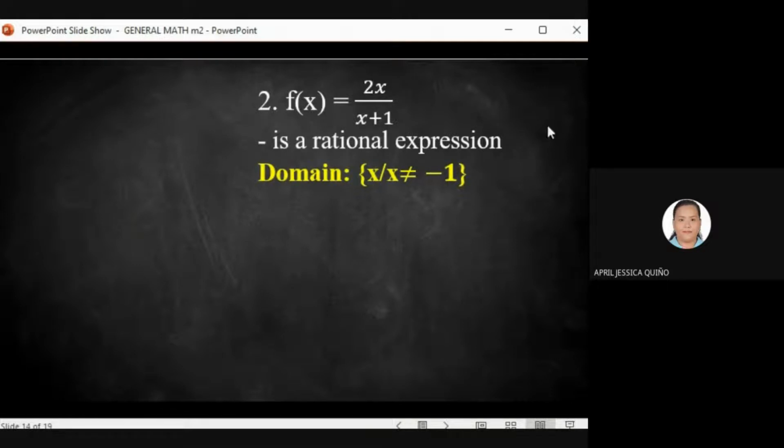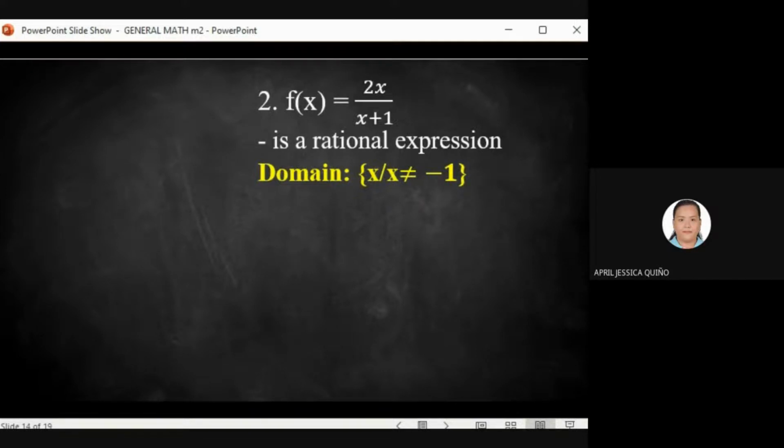Kasi kapag ginamit nyo yung negative 1 dyan as value of your x, you'll get negative 1 plus 1, that will become 0. And bawal na bawal maging 0 ang ating denominator. It's because it will result to undefined. So, if you're going to identify the domain, your domain is x such that x is not equal to negative 1.